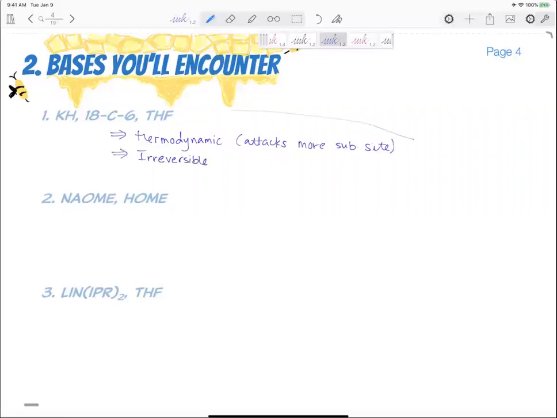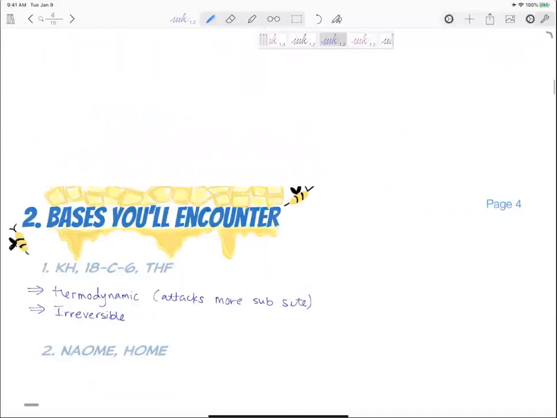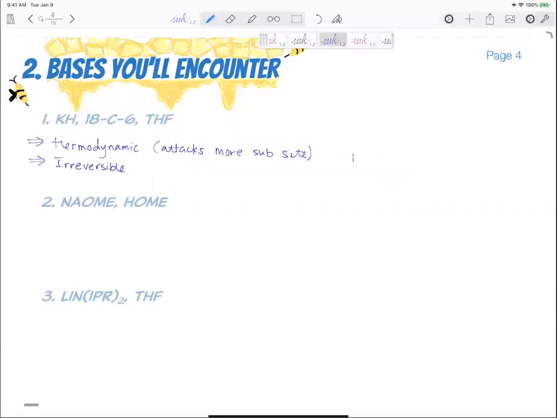So what does this mean? If I had my arrow pushing mechanism, my hydride is going to attack the more substituted site because this is a thermodynamic base, and it's going to form my enolate.